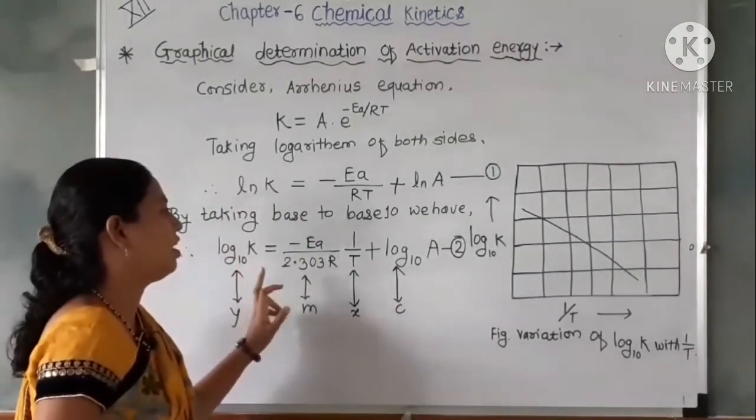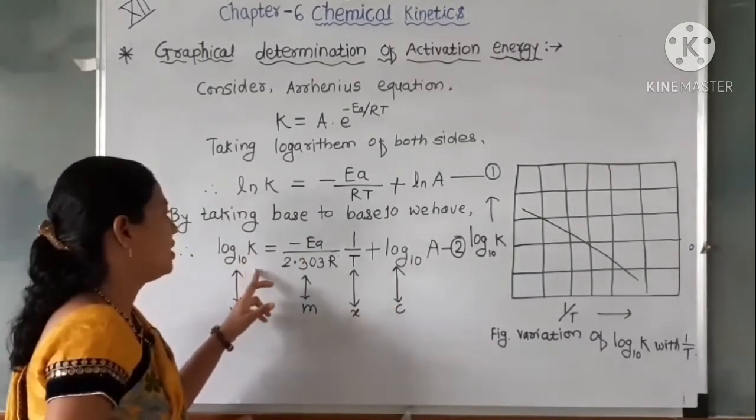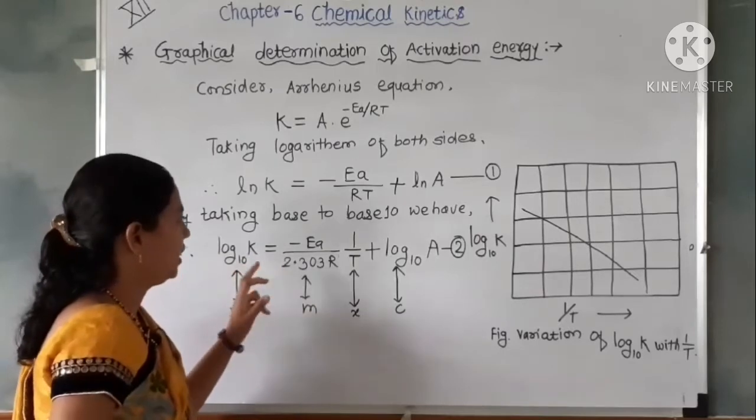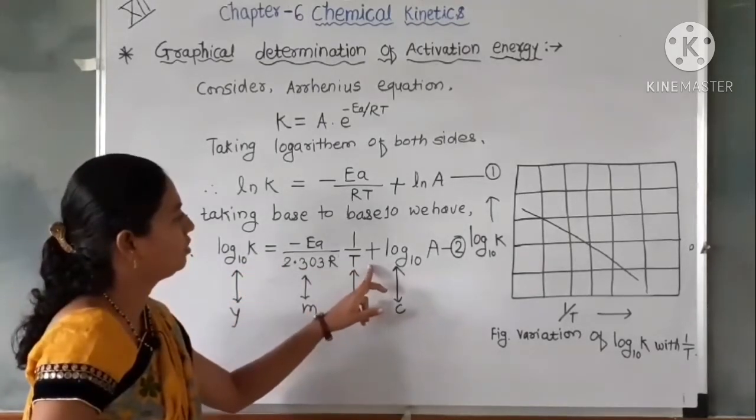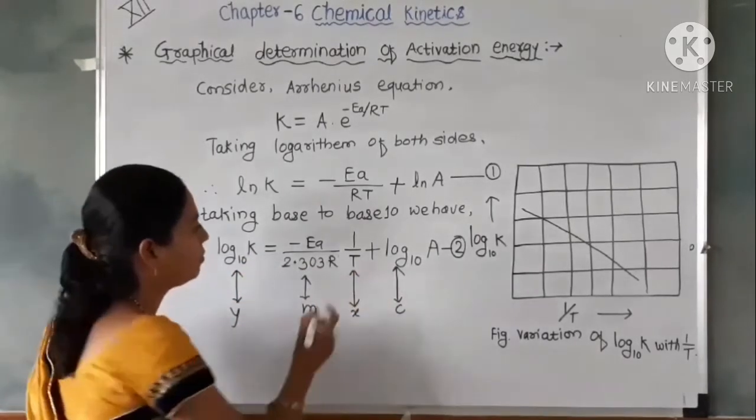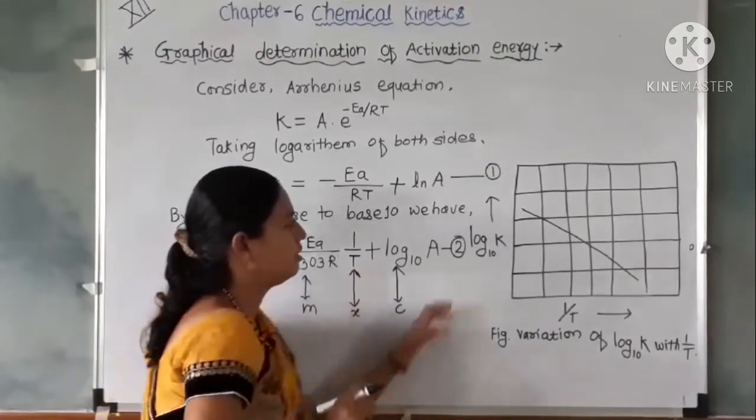If we plot this Arrhenius equation as log to the base 10 k versus 1 upon T, we get a straight line.